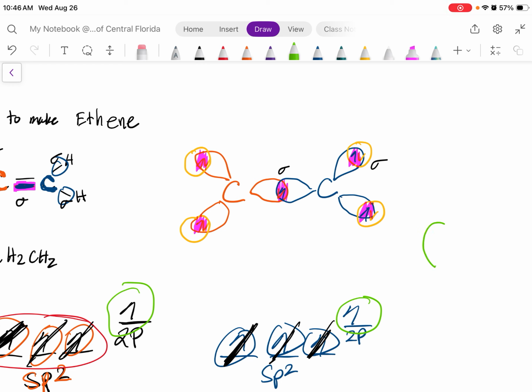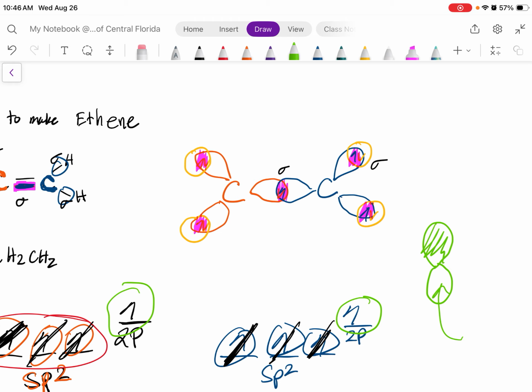This p orbital that I'm going to draw is actually going to be sticking out at you. This lobe is going to be sticking out at you, and then this lobe is going to be sticking behind the sp2 hybridized orbitals. So it's going to be sticking out of the page and into the page. But that's very, very difficult to draw.